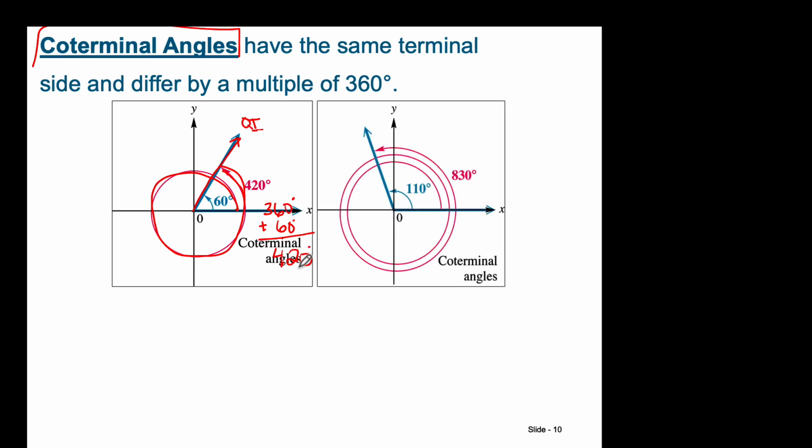Here's another example. Had we been given this obtuse angle, this blue one right here, and this directional arrow saying 110, we'd say, okay, that's a 110 degree angle. But this red directional arrow tells us more about a coterminal angle.